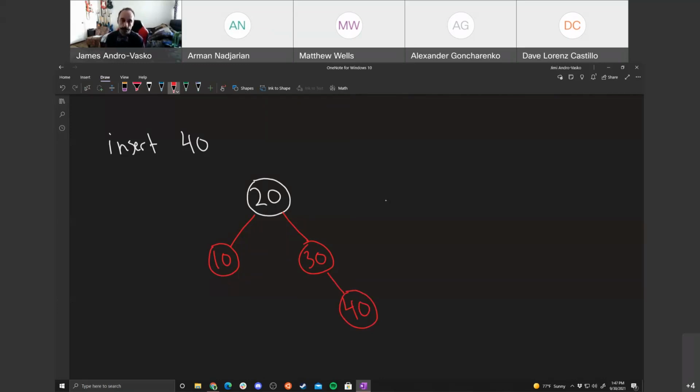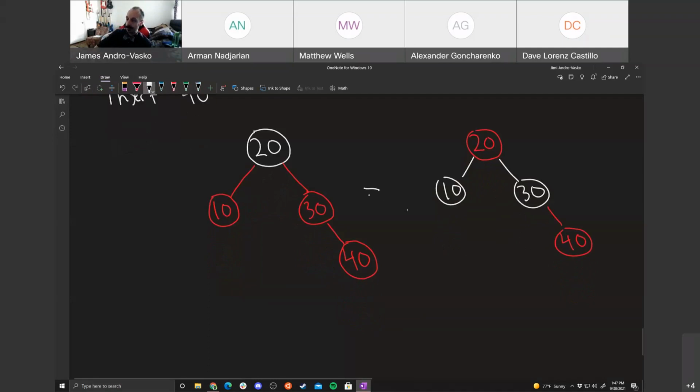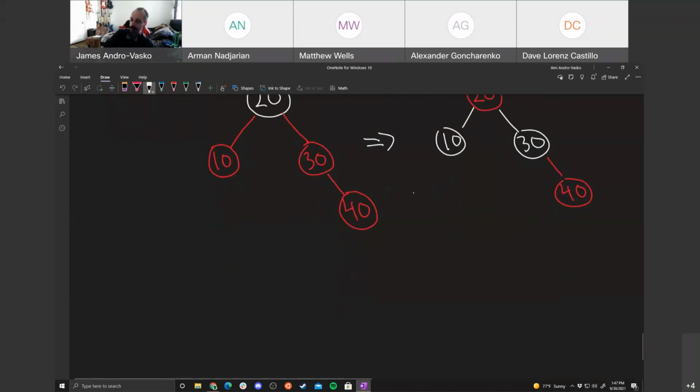We see that the right child is red, and so is its grandchild, so the child of 30 is also red. Since the aunt/uncle 10 is also red, a simple color flip is all we have to do to fix this red-black tree. So we take 20, make that red, set these to be black nodes, and 40 still remains red. And then of course we have to change the root 20 back to black because the root node always has to be a black node. So I'll go ahead now and do one more. First, step by step, we have this, and then the result of this would be 20 and 30.